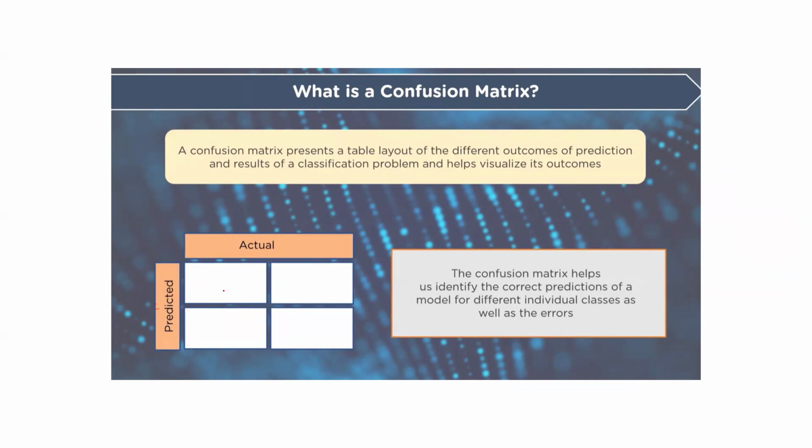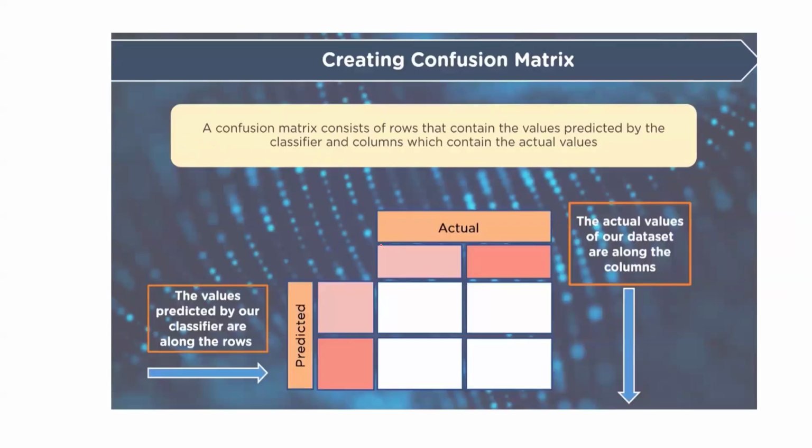So it helps us to identify the correct predictions of a model for different individual classes as well as the errors. Now, see here, a confusion matrix, as a matrix itself, consists of rows and columns. The rows contain the predicted values predicted by the classifier, and the columns contain the actual values from the data set.